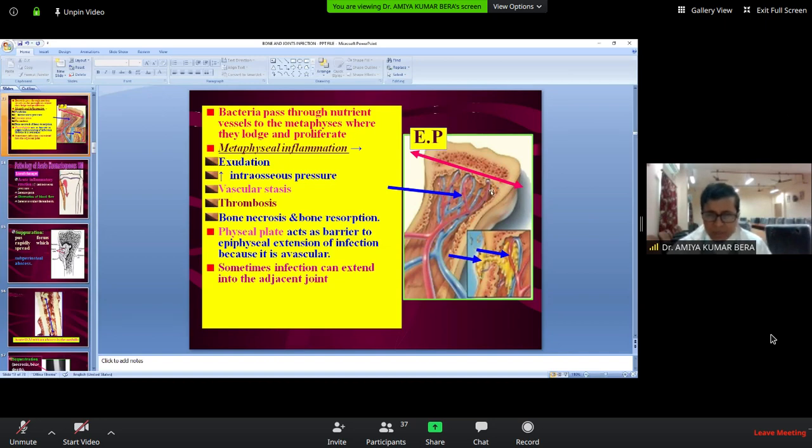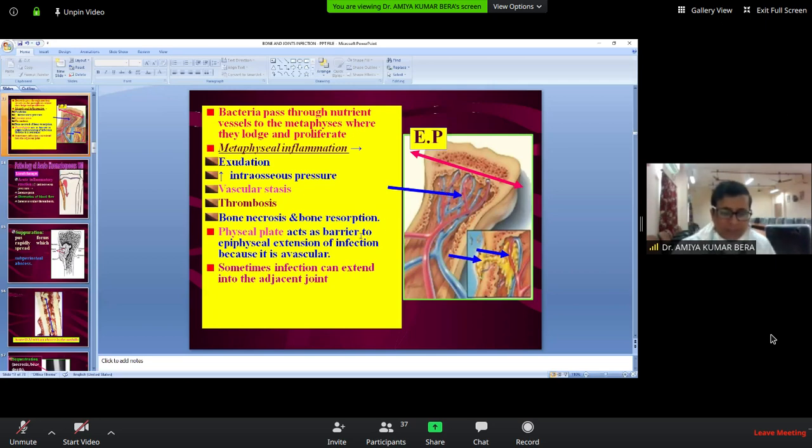But still, the joint may be involved because there is a capsule, whereby the epiphysis is intracapsular. Then the subperiosteal collection, which is just outside, will burst into the joint, intracapsular, in the case of a high epiphysis.